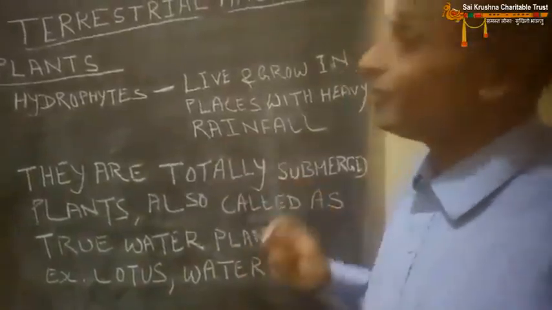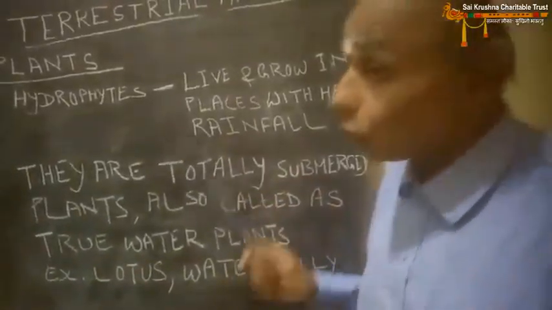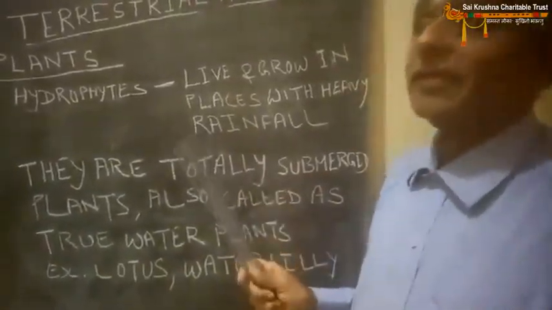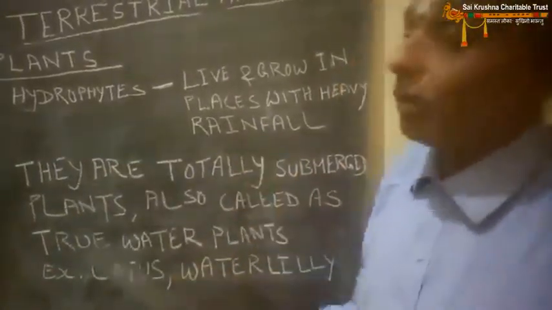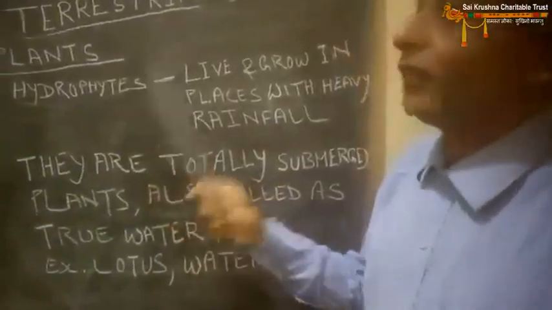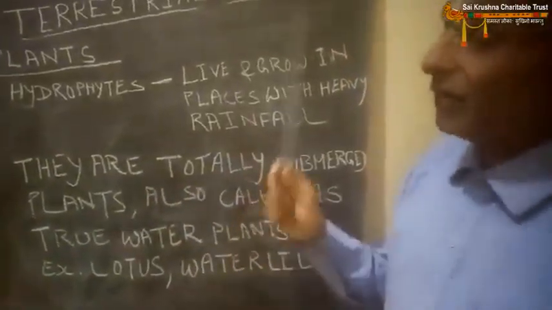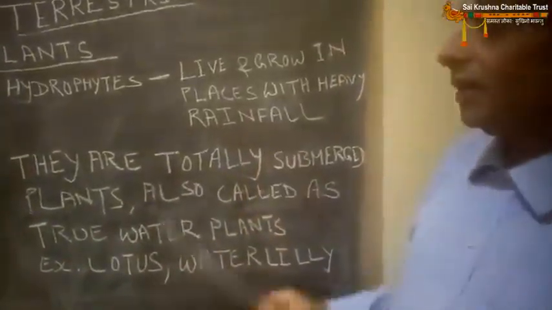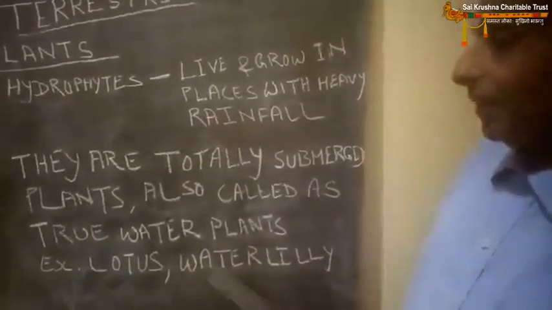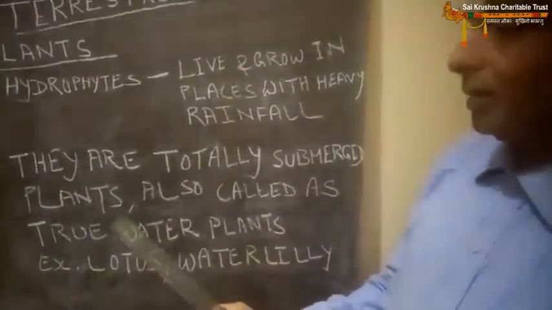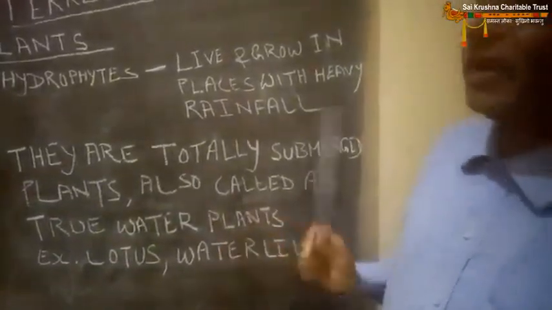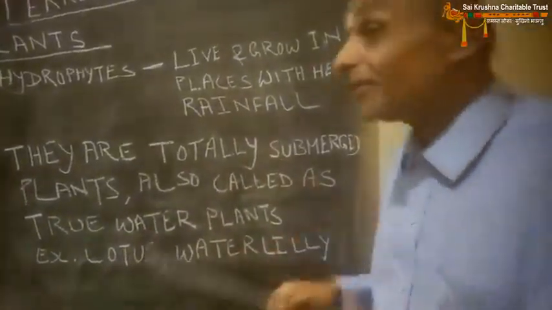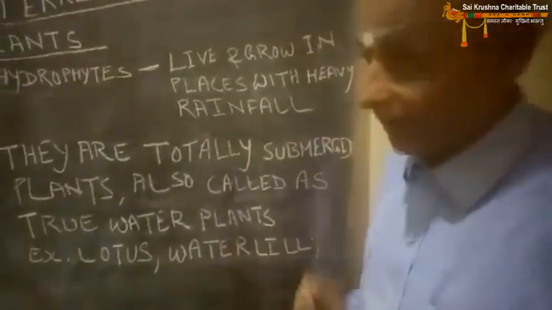And these plants that grow in places where there is heavy rainfall are called hydrophytes. And these are also called true water plants or aquatic plants, as they are totally submerged in water.